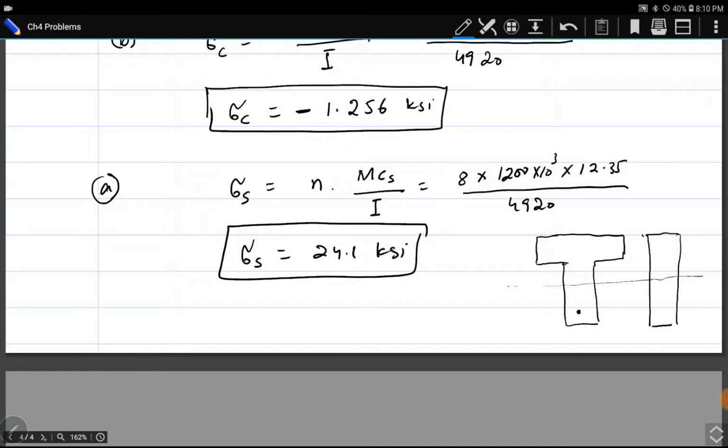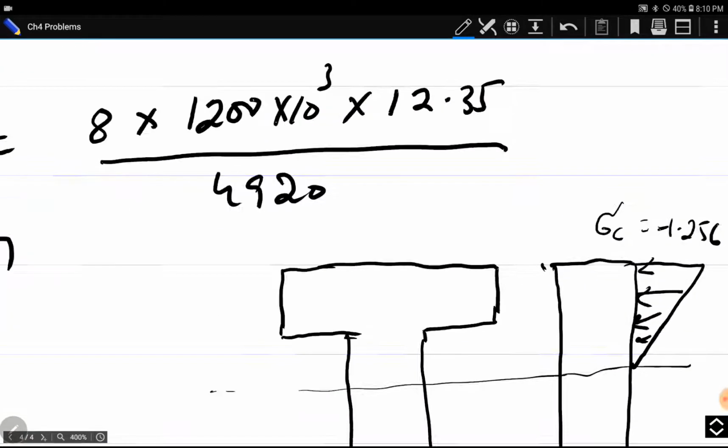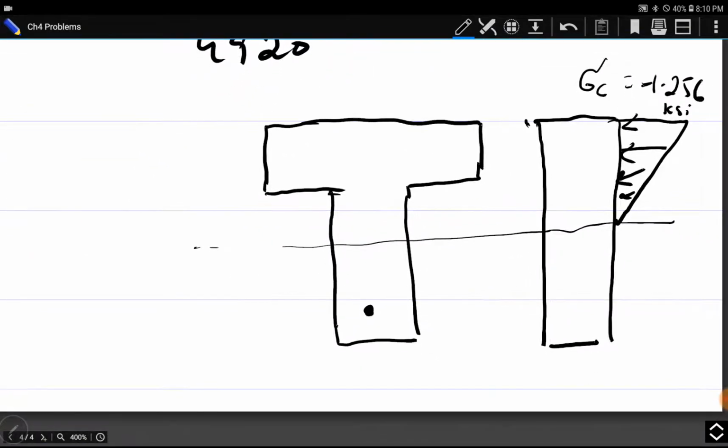Above the neutral axis is compression, where sigma C is equal to minus 1.256 KSI. At the neutral axis, stress is 0, and below the neutral axis there are steel bars. So at the steel bar there is tension, sigma S equal to 24.1 KSI.